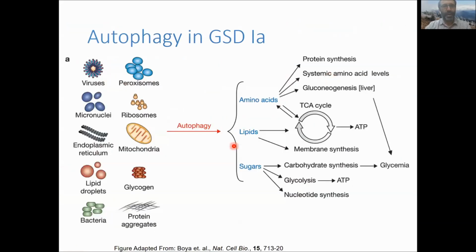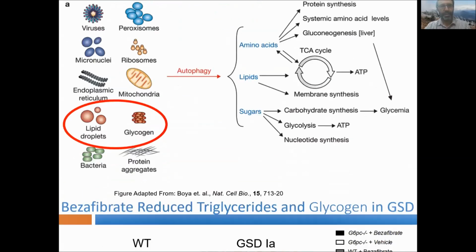Here again, showing how shutdown autophagy will impair or worsen GSD1 because lipid droplets and glycogen can't be metabolized. And we know that the glycogen could be broken down in the lysosomes by GAA. So if there were better autophagy, we could lower the glycogen, and that's how rapamycin was working.